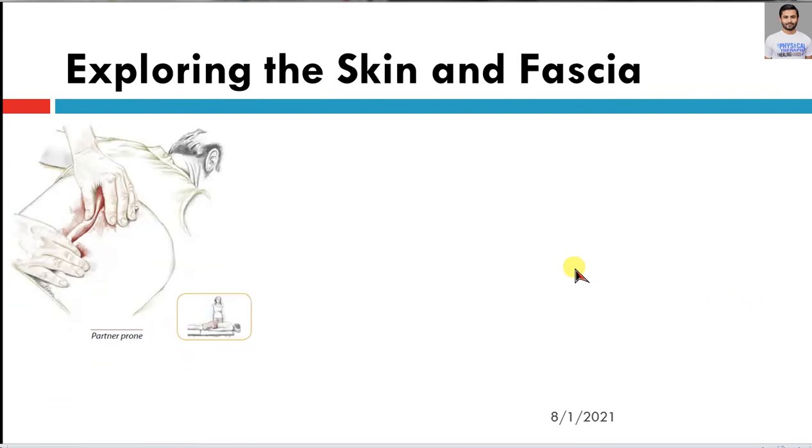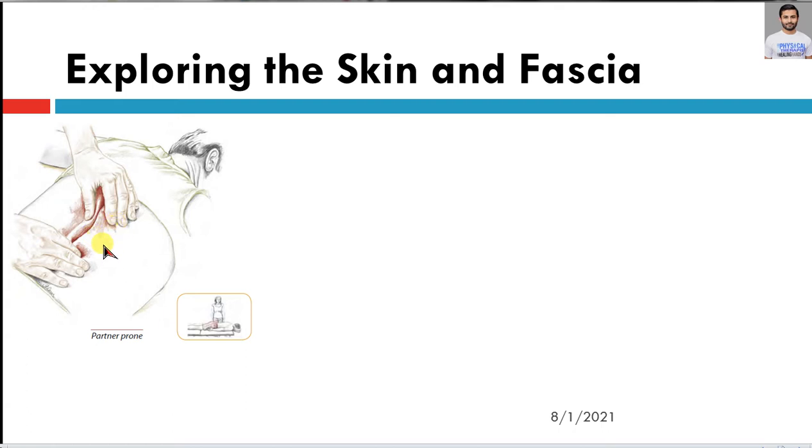The first thing that you need to start working on is exploring the skin and fascia of any region that you want to palpate. In this picture, you're looking at how the therapist is trying to assess the skin and the fascia of the subject.